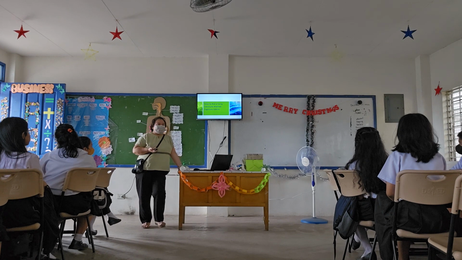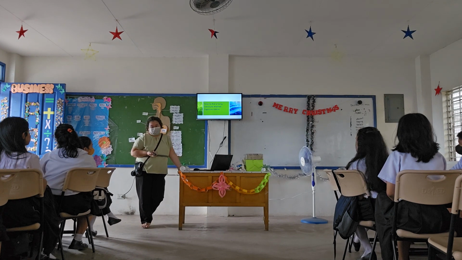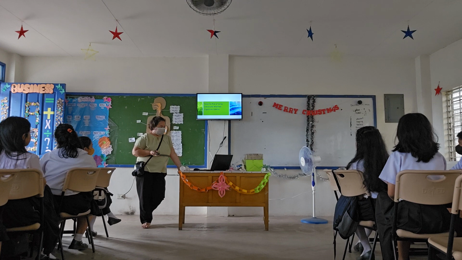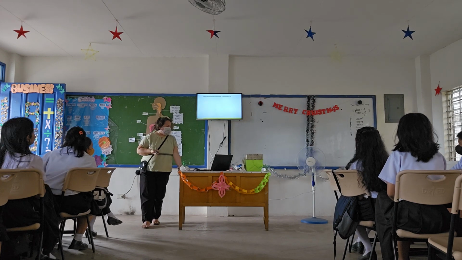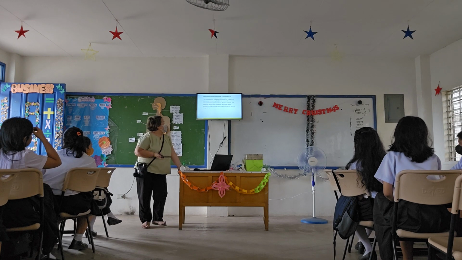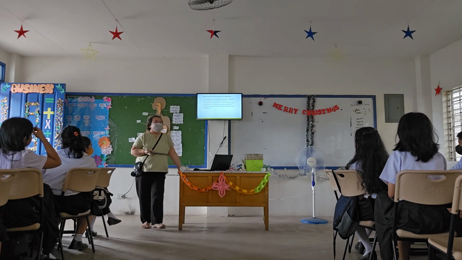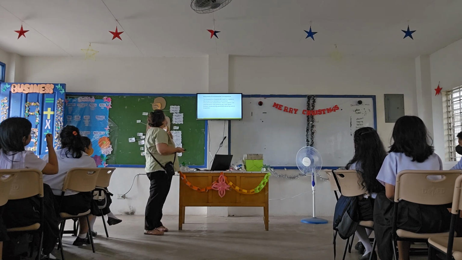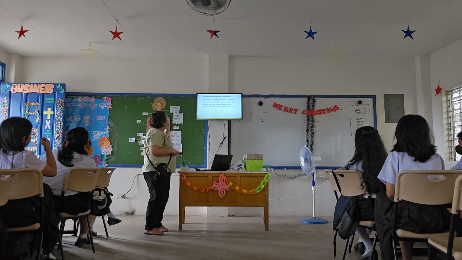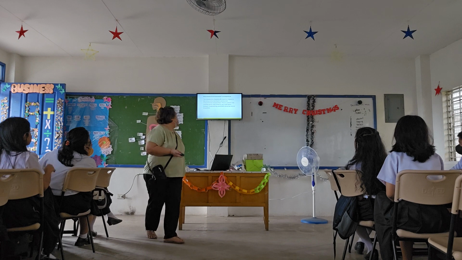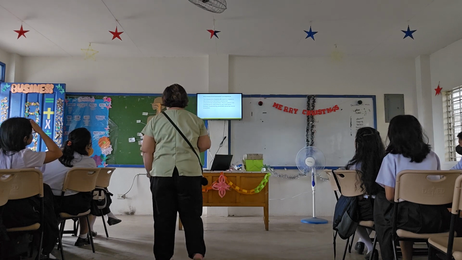So what are the risks? Kung may benefits, syempre may risk din. Ano naman po yung risk niya? One, unintended environmental consequences. Introduction of genetically modified organisms in the ecosystem may lead to unintended environmental consequences.